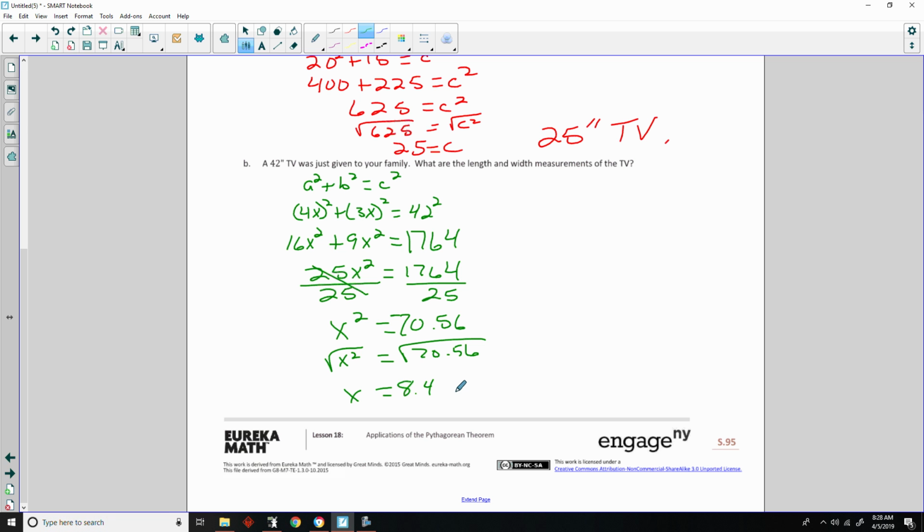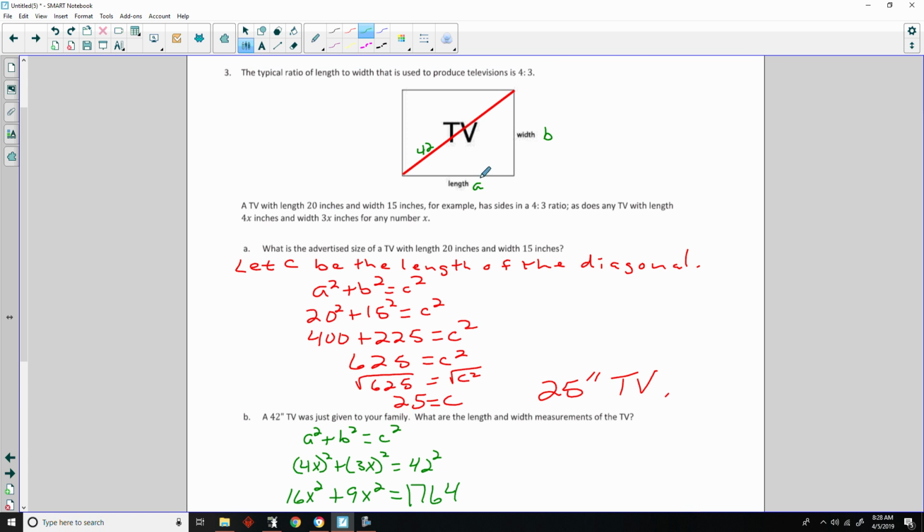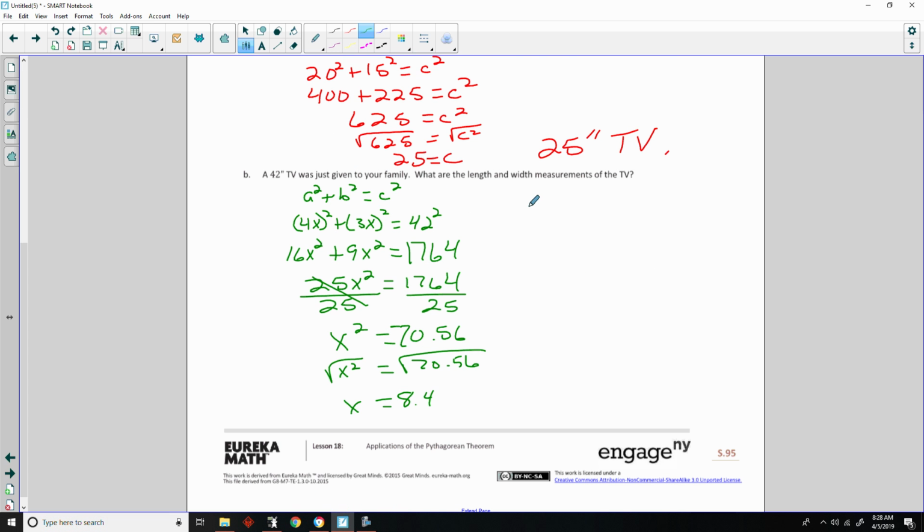So if x is 8.4, remember that A is 4x and B is 3x. So that would be a TV that would be 4 times 8.4 by 3 times 8.4, the length and width of that TV.